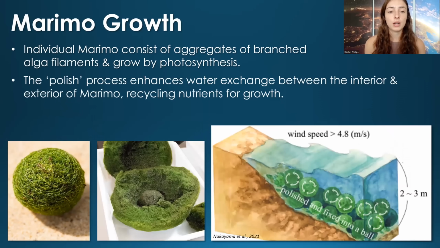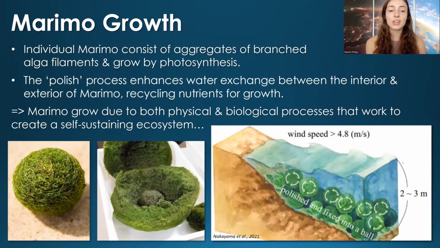The polish process enhances the water exchange between the interior and exterior of the moss ball, recycling nutrients for growth. Thus, Marimo growth is due to both physical or geological and biological processes that work together to sustain or create a self-sustaining ecosystem of continued Marimo growth.